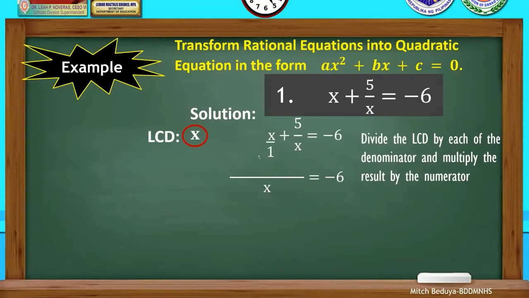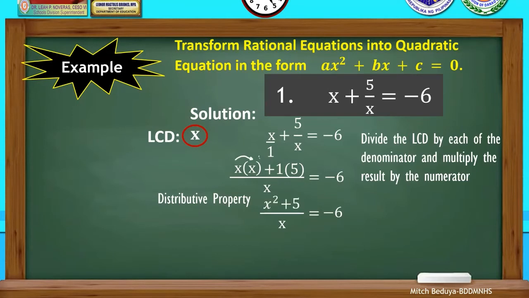So we have x times the quantity (x plus 1) times 5 all over x equals negative 6. Then, by distributive property, the expression becomes (x squared plus 5) all over x equals negative 6.